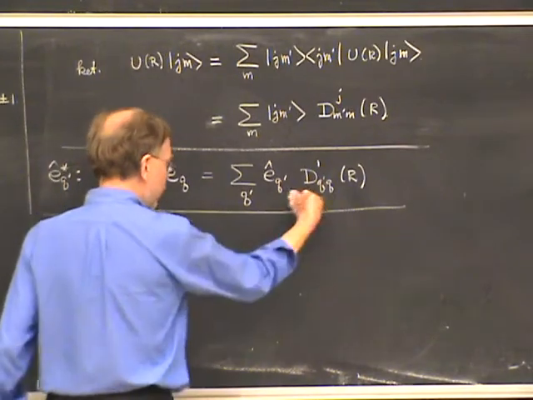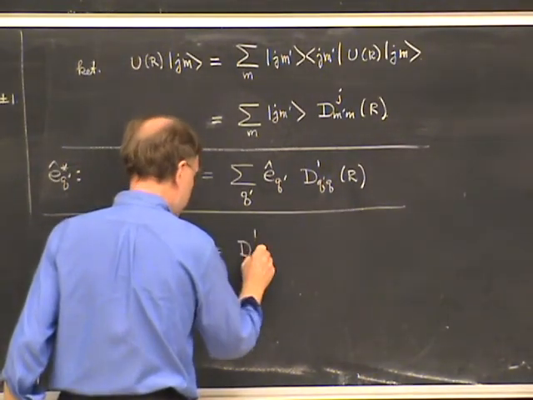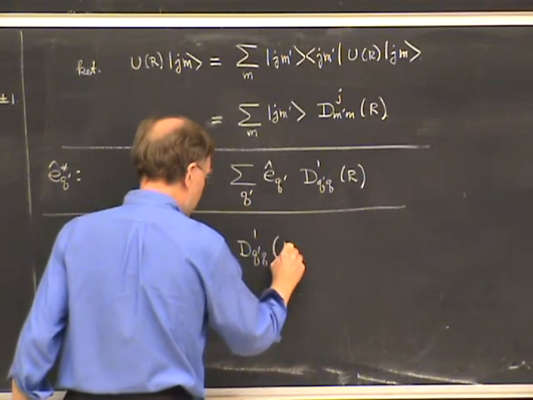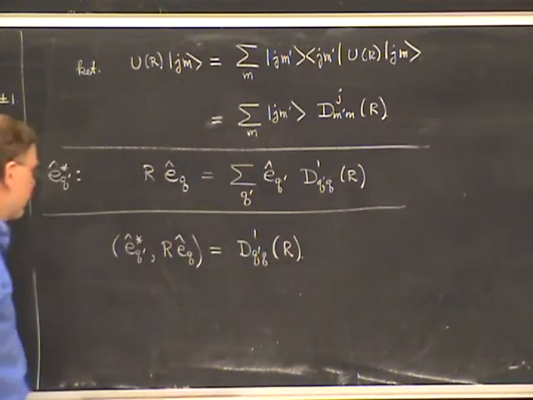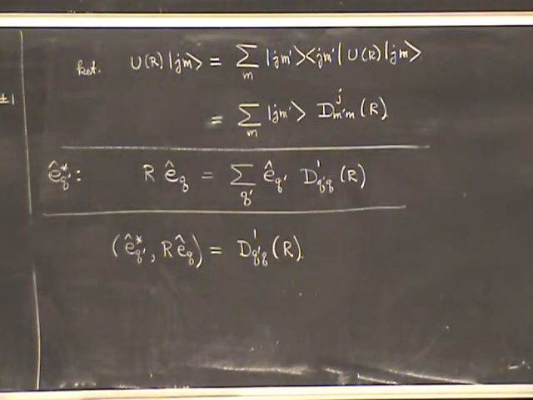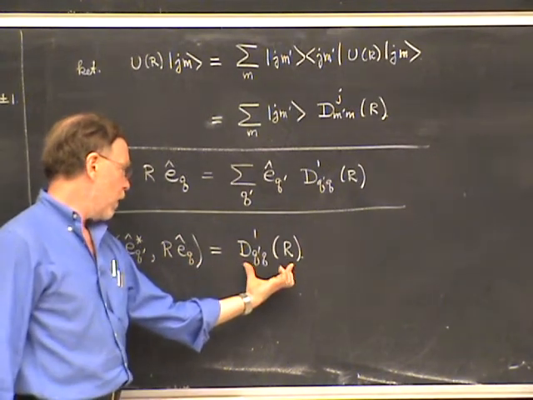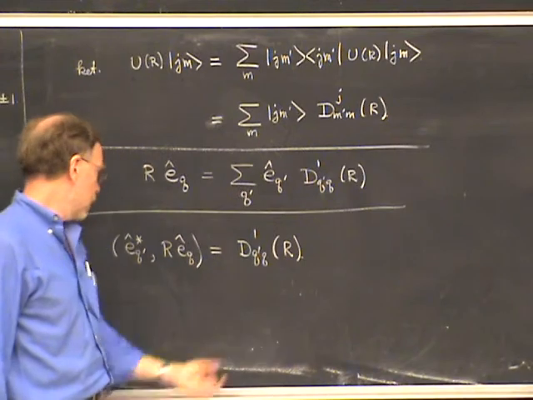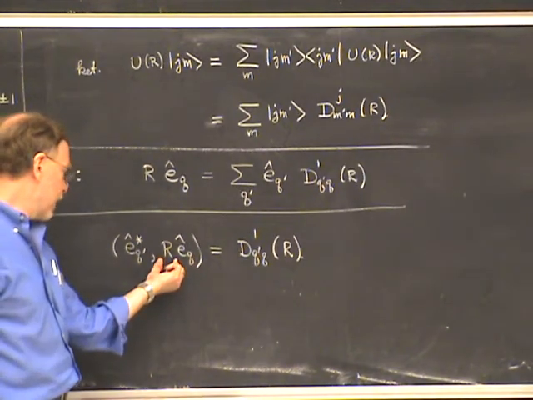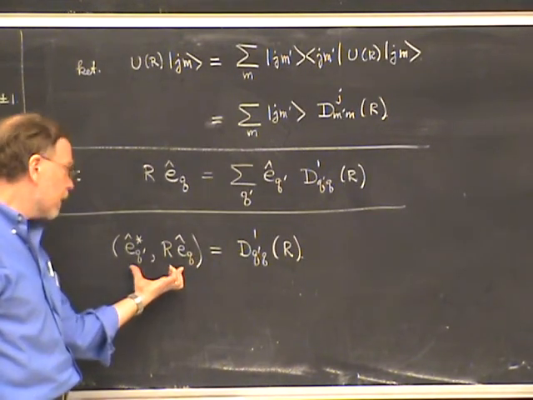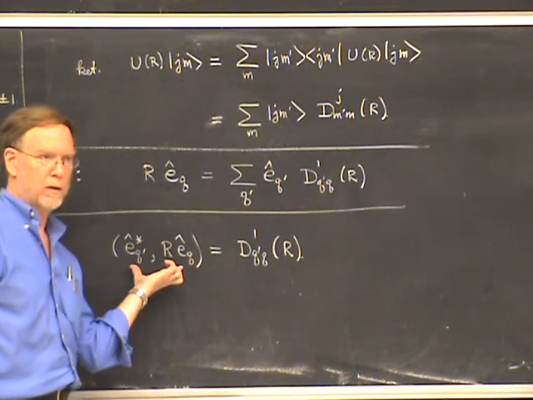Then on the right-hand side, we pick out the one term, and it becomes D^1_{q'q} of the rotation matrix R. And this is an interesting result, because it shows you that for the case j equals 1, the D matrix is actually the same thing as the classical rotation, but it's expressed in terms of the spherical basis instead of the Cartesian basis.